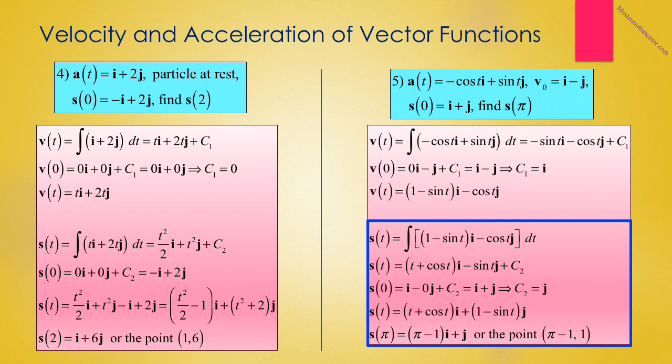We then plug in 0 and we get i minus 0j + c2 is equal to our initial position, which is i + j, making c2 equal to j. So s(t) is equal to (t + cosine t)i + (1 minus sine t)j. And now plugging in pi, we get (pi minus 1)i + j, or the point (pi minus 1, 1).